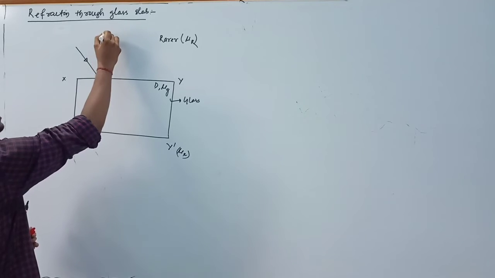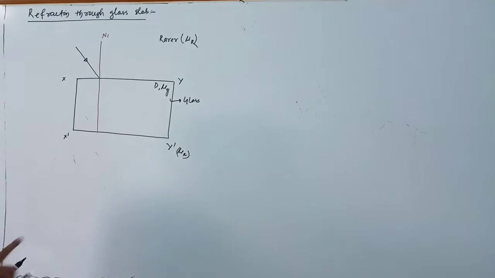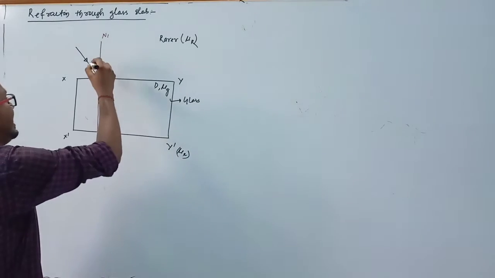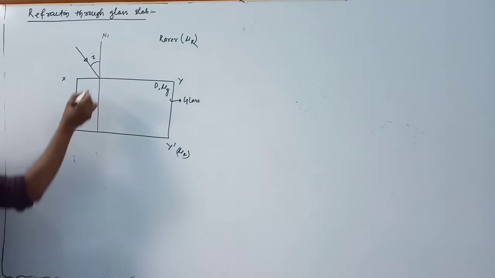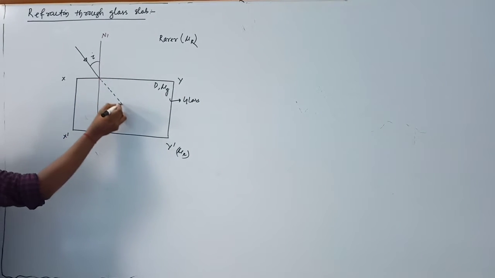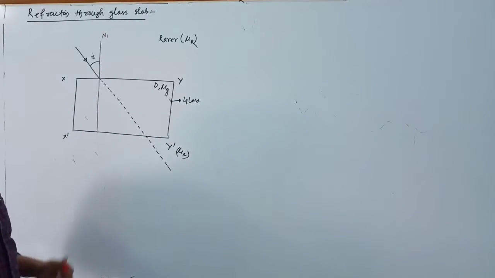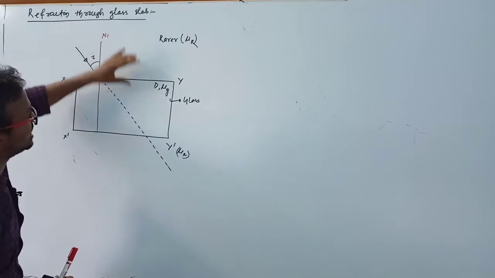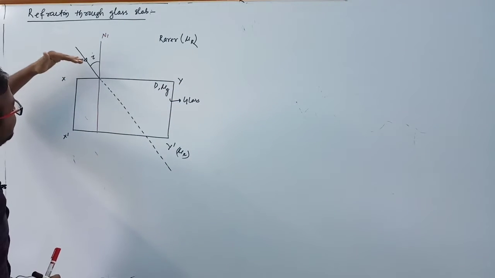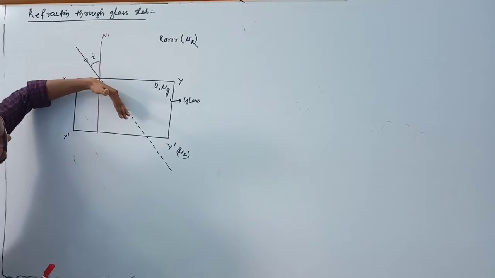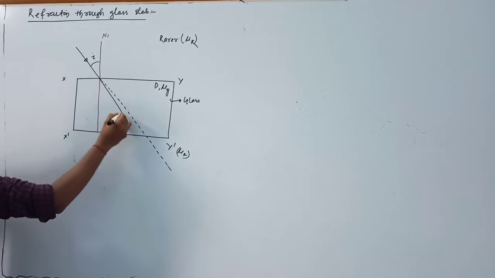Like this is normal n1, and you know the incident ray makes an angle with the normal, and that angle is known as angle of incident, that is I, and this is the line of action of the incident ray. But when a ray travels from rarer to denser medium and is separated by a surface, then the ray deviates from its original path and bends towards the normal, like this.